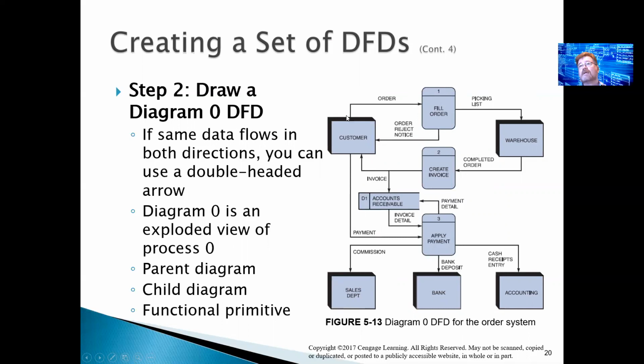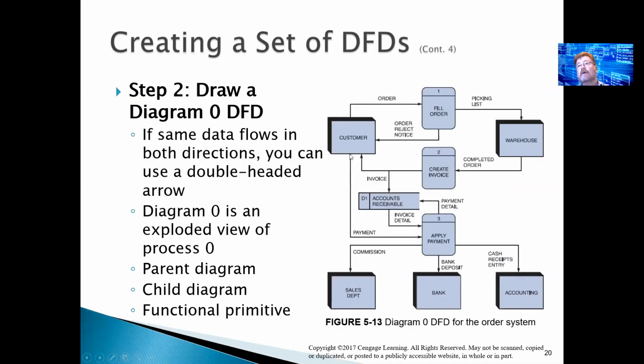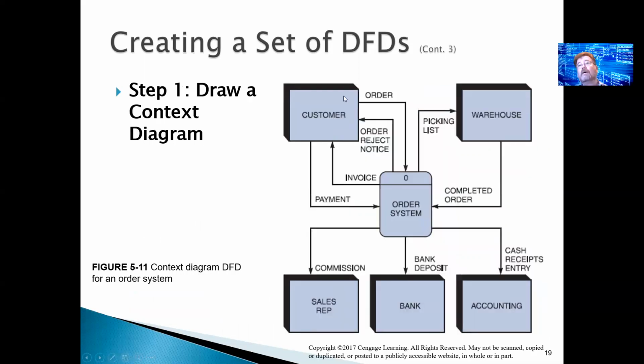The other thing you should be seeing is that the data flows that come from customer, order, reject, invoice, payment, you should see order, reject, invoice, payment in exactly the same flows too. The order is a push, reject is a pull, invoice is a pull, payment's a push. So push, pull, pull, push.